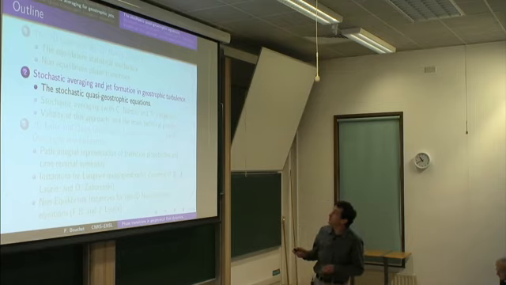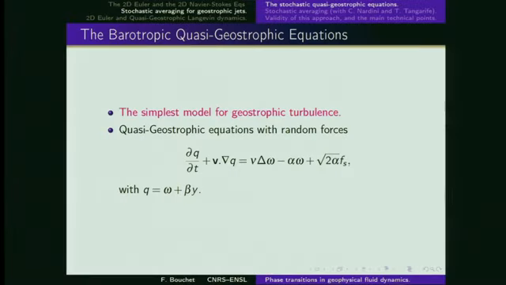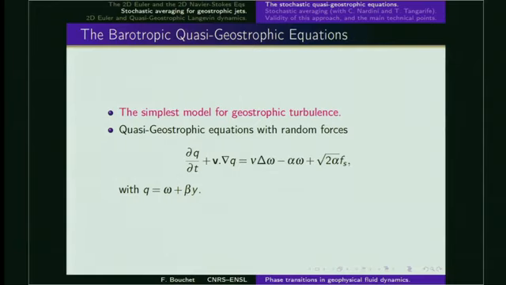So I will change a bit the dynamics for two reasons: in order to be closer to geophysical applications on one hand, and also in order for the attractors of the system to be simpler. I will use what is called the barotropic quasi-geostrophic equation, which is relevant, for instance, probably to explain Jupiter's structure. And it's the simplest model for geostrophic turbulence.